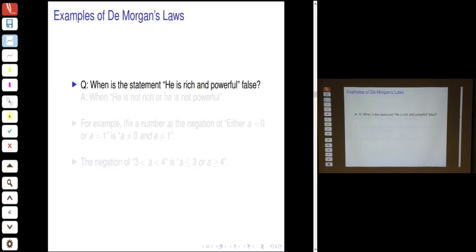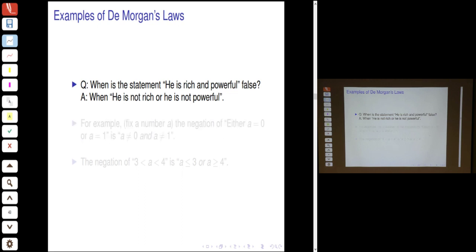Okay. Then we look at some examples of De Morgan's law. Let's just look at one of them. Here's a statement which is a conjunction of two: he is rich and he is powerful.